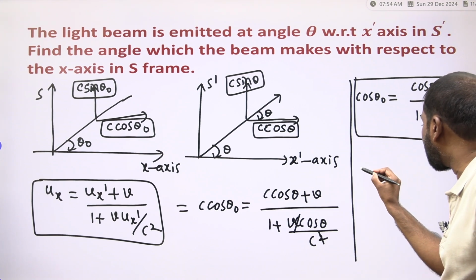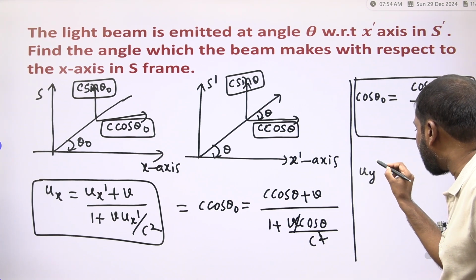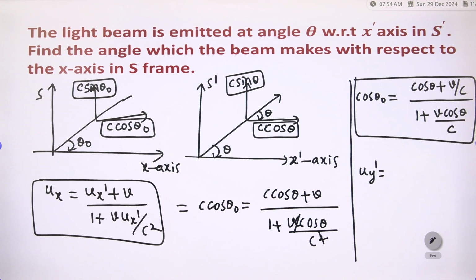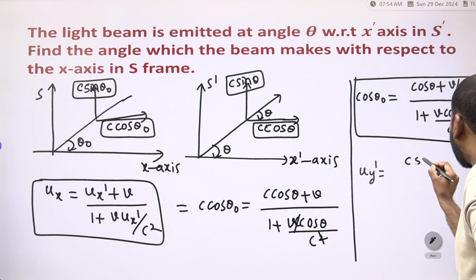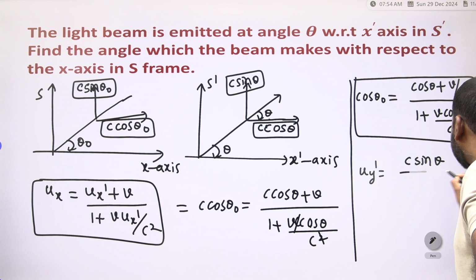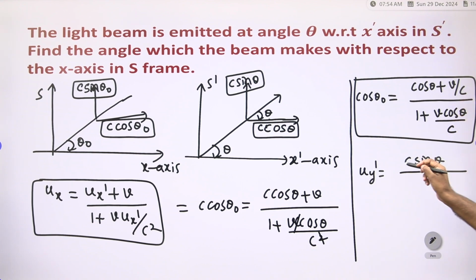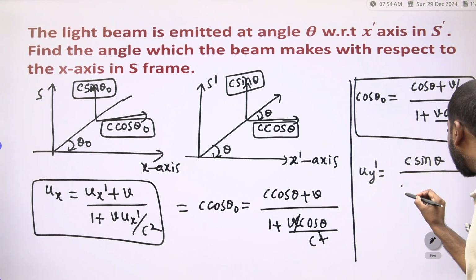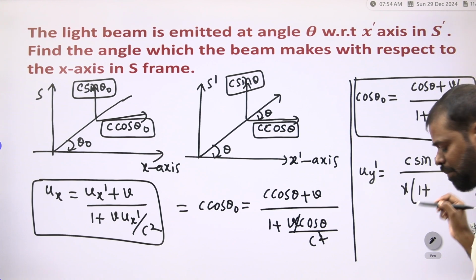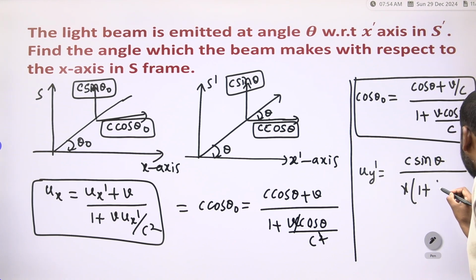We write c sin theta, u y dash is equal to u y divided by gamma into 1 plus v cos theta divided by c.